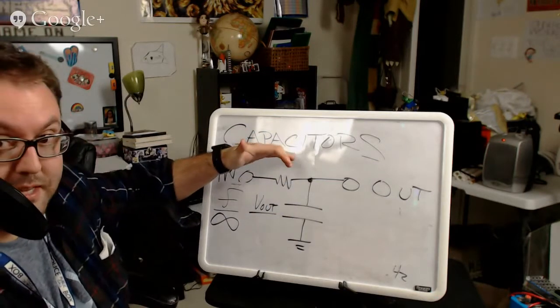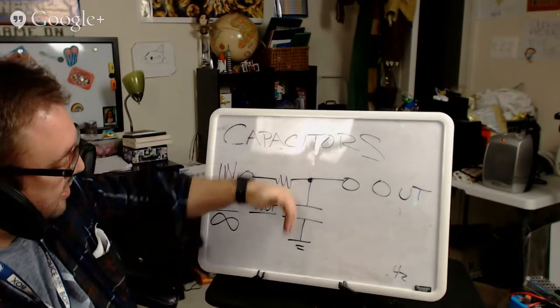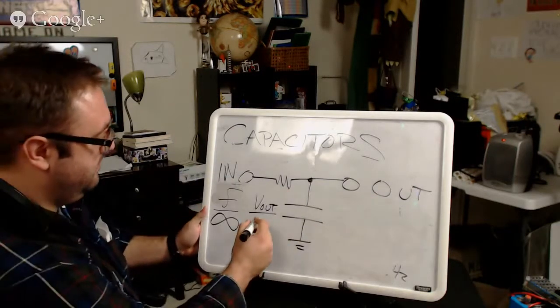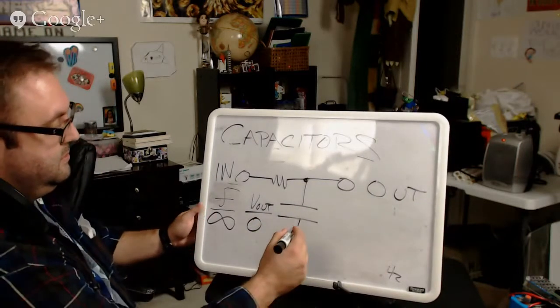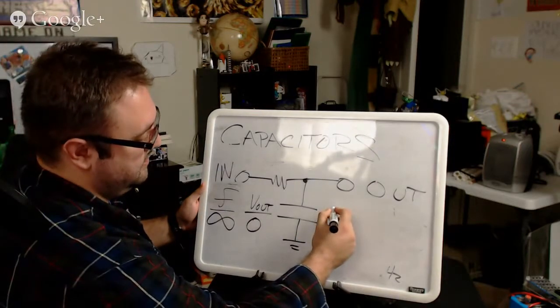We said a capacitor at high frequency acts like a short circuit. It's all going to dump into ground, so the output is 0 volts. So this kind of filter is considered a low pass filter.